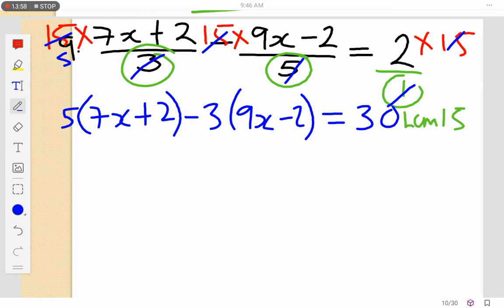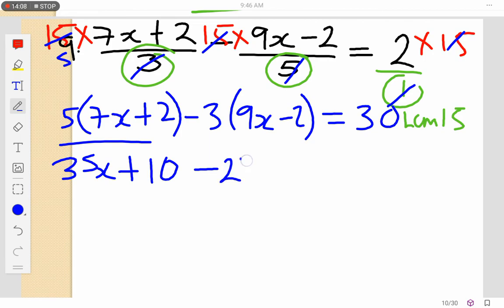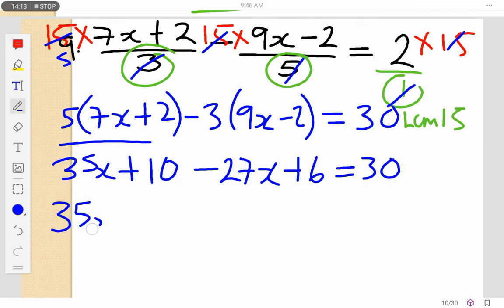Okay, let's solve that. Removing brackets here, I'll have 35x plus 10 minus 3 times 9x, I get 27x, minus 3 times minus 2, I get plus 6 is equal to 30. Okay, items now, 35x minus 27x plus 10 plus 6 is equal to 30.